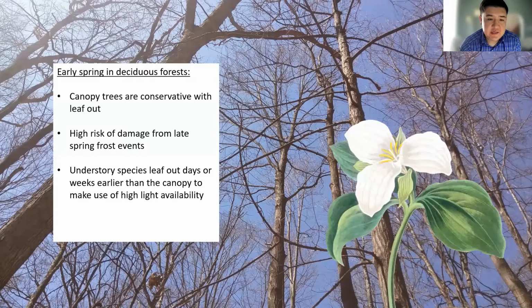To this end, they tend to leaf out days or weeks earlier than the canopy and sequester the majority of their total annual carbon during a period that is often only 2 to 4 weeks long. This strategy is referred to in the literature as phenological escape, or spring light window duration, things of that nature, and has been shown to be a really valuable part of the biology of these species.